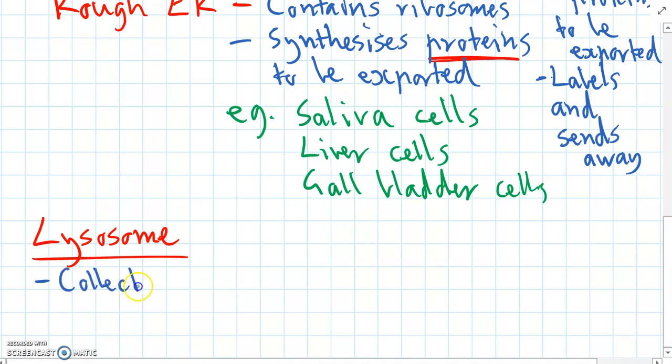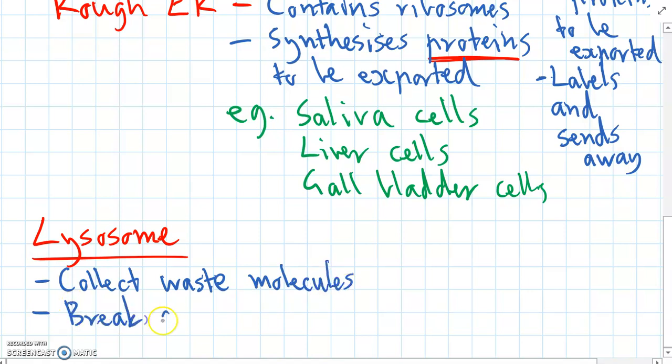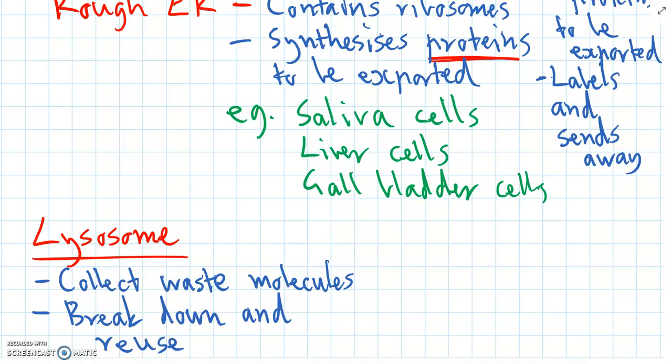They collect any wastes and they break them all down so they can be reused. They collect waste molecules and then they break them down so they can be reused.